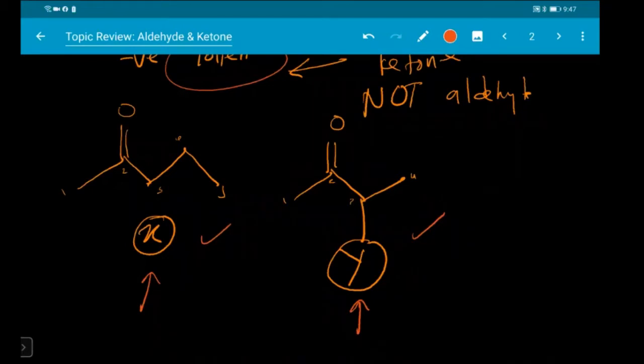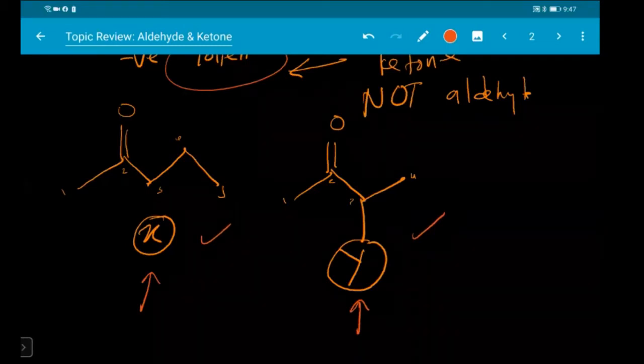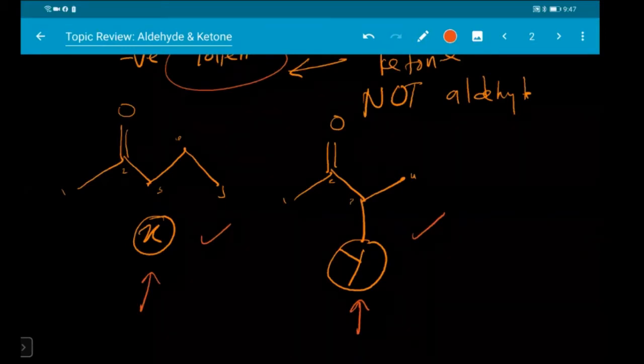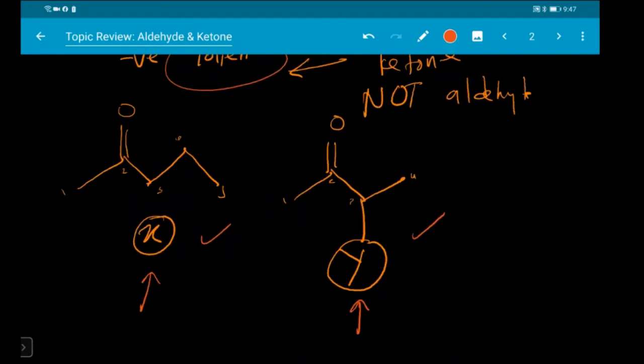Macam iodoform tadi, color biru ke kuning adalah positive result. Technically when I say positive maksudnya ada perubahan. Kalau negatif tu tak ada perubahan. Untuk Tollens', kalau dia aldehyde dia akan tukarkan solution tu jadi macam silver mirror, macam cermin perak. Kalau negatif, it will become a colorless solution.